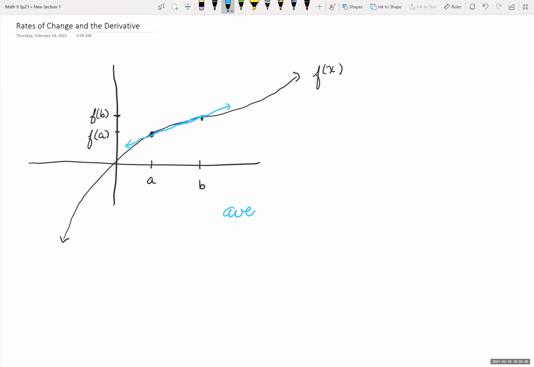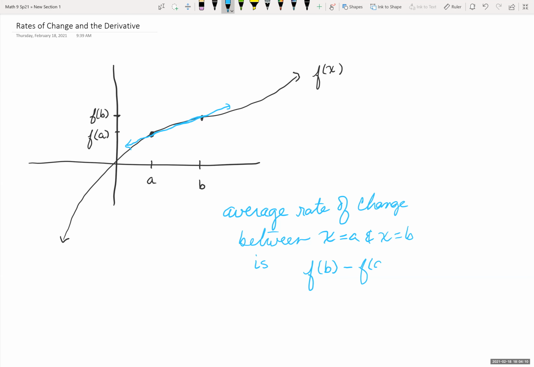So the average rate of change between x equals a and x equals b is the change in our y value, so f of b minus f of a, all over the change in our x value, so b minus a. So that's pretty much just the slope. That is the slope between 2 points on that line.